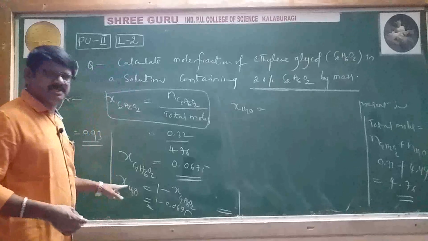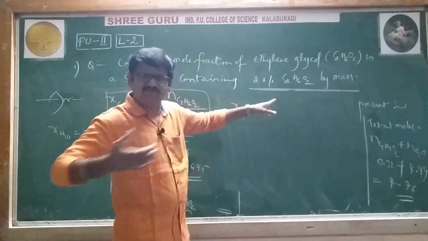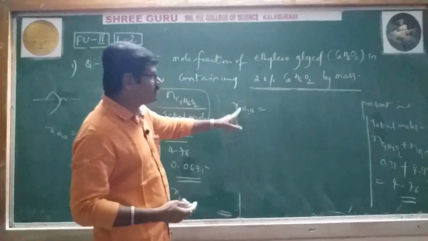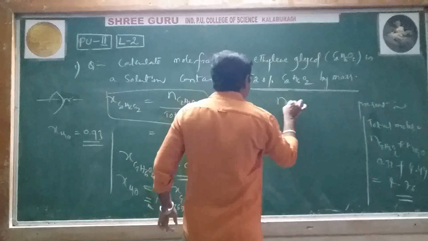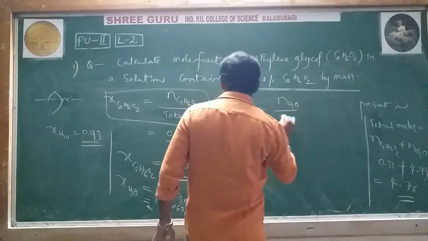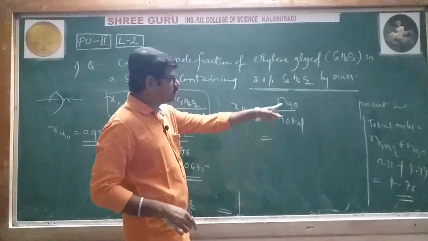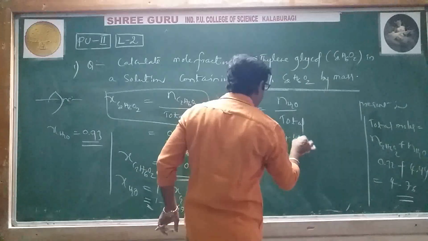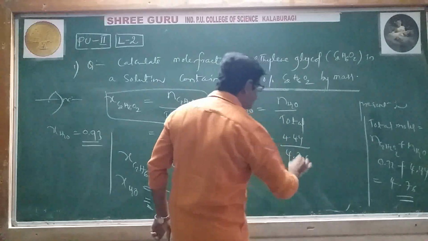Already with the direct method we have calculated, and indirectly, with the help of the formula, how to calculate, that I am explaining now. Mole fraction of water equals number of moles of water divided by total moles. Then number of moles of water is already there, 4.44, divided by total moles 4.76.